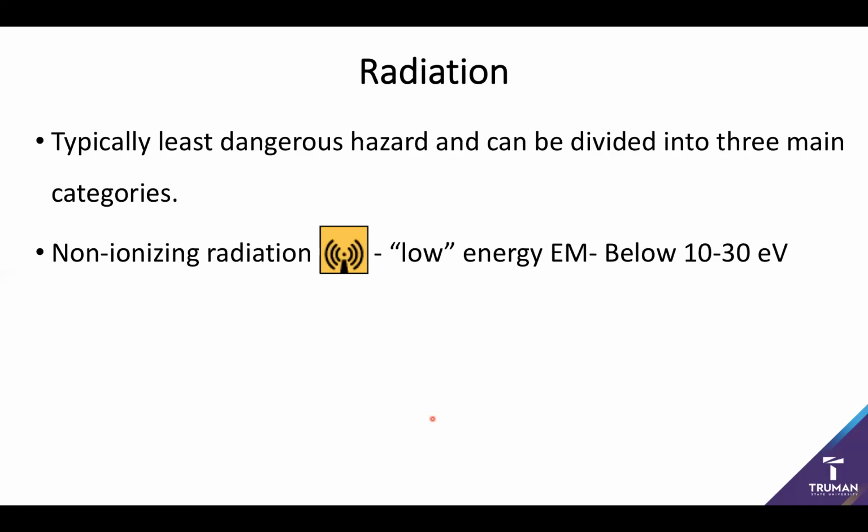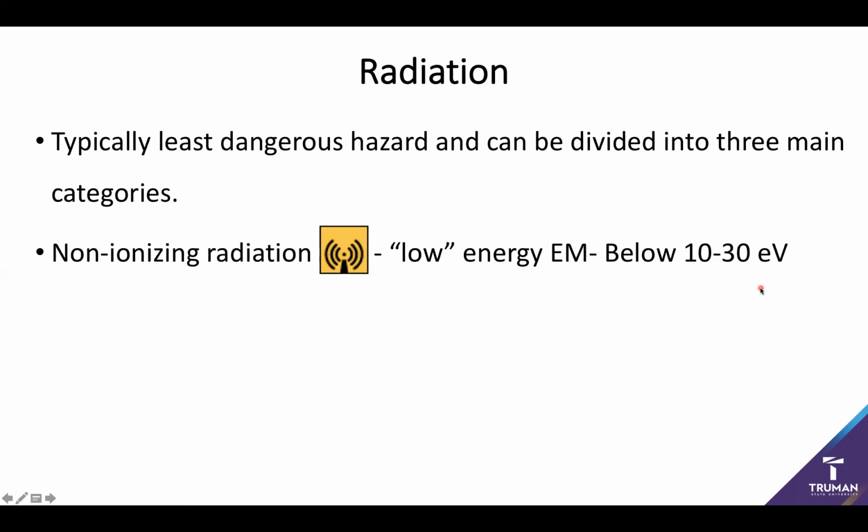So we can divide our radiation into three major categories, the first of which is called non-ionizing radiation. This typically consists of low energy electromagnetic radiation. So this is essentially any electromagnetic field where the photon contains energy somewhere between 10 to 30 electron volts.